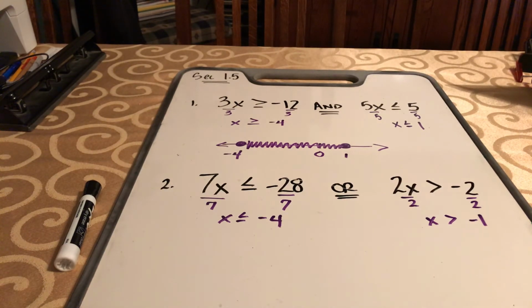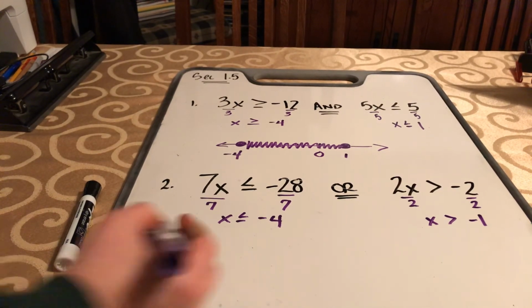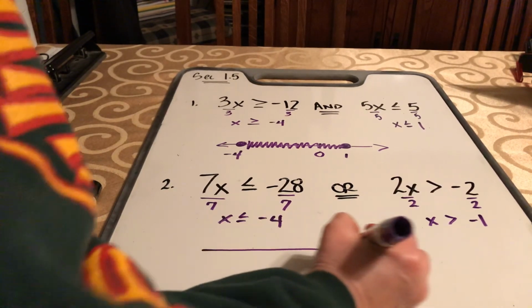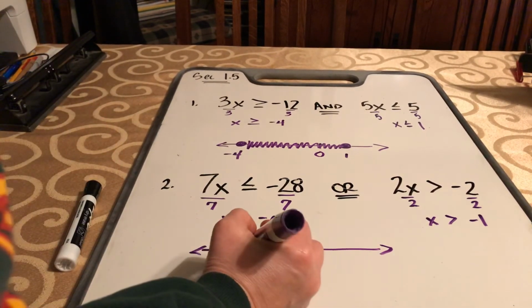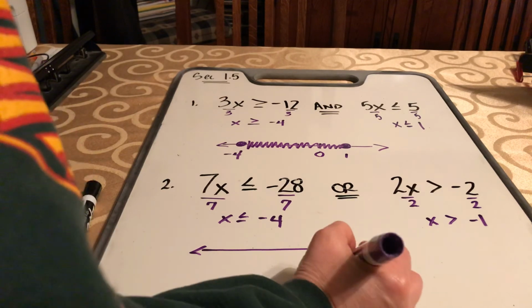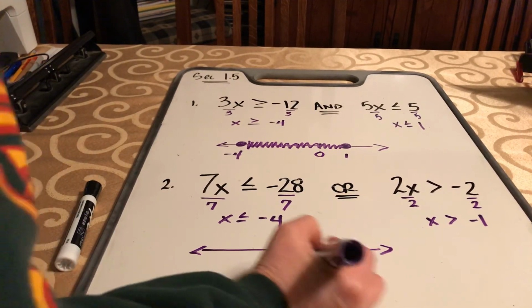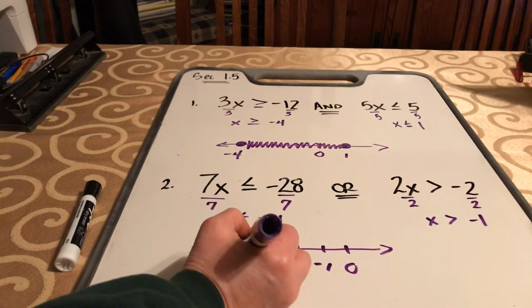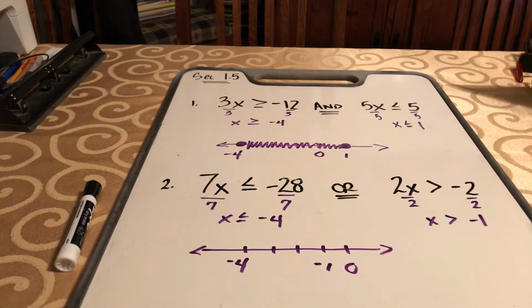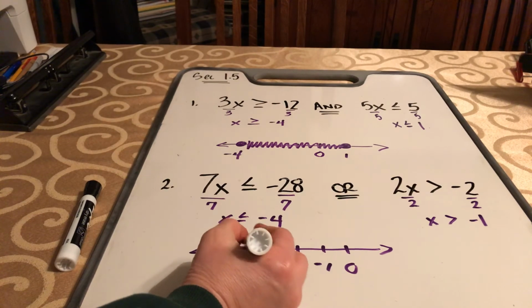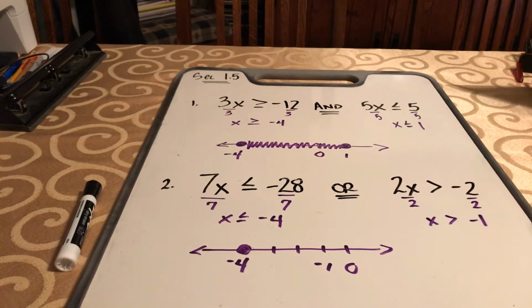Now we're going to make our number line. We'll put 0 there, negative 1, negative 2, negative 3, and negative 4 would be there. At negative 4, the inequality says x less than or equal to, so I can put a solid dot.